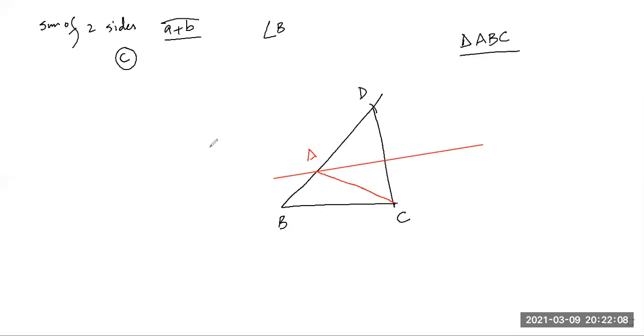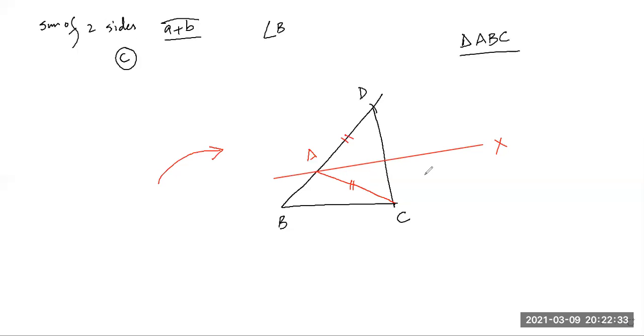The other way to do this, students, you see, AX is the perpendicular bisector of CD. On close observation, you can see AX is the perpendicular bisector of CD. So, interestingly, AC would be equal to AD.